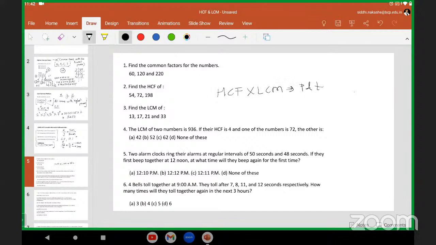The LCM of two numbers is 936. HCF is 4. So now the product of the numbers is nothing but x into y. There are two numbers, x and y, and one number is 72. So put x as 72 into y and solve this.